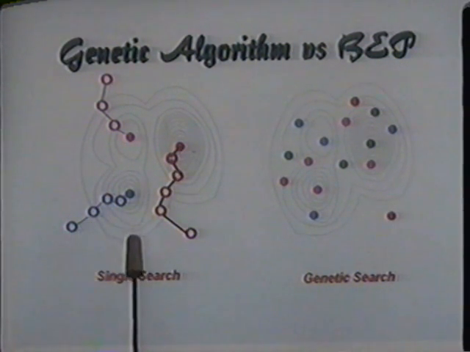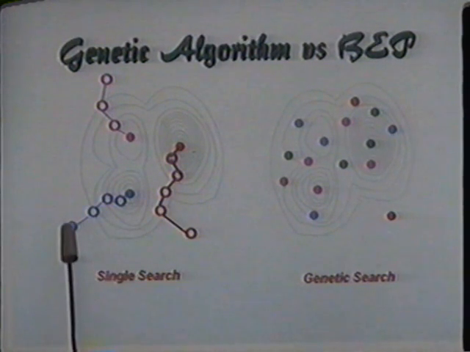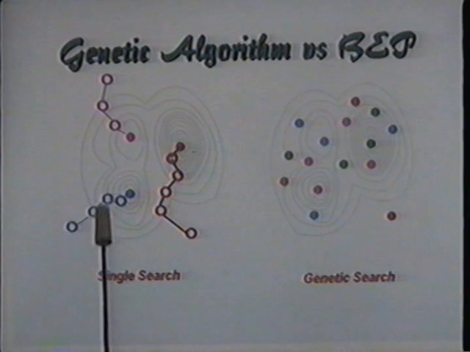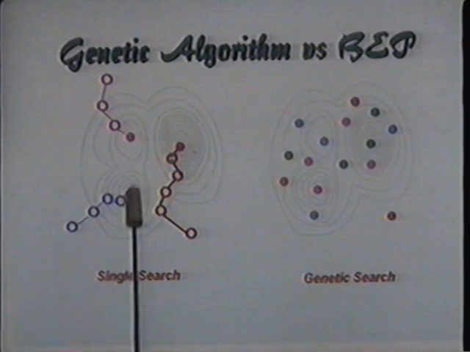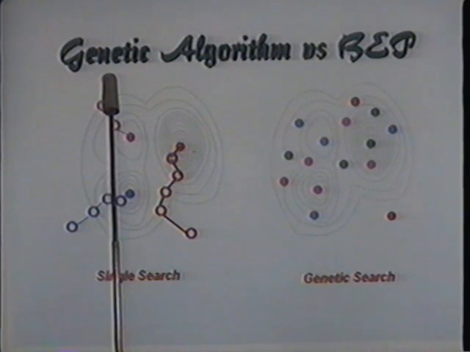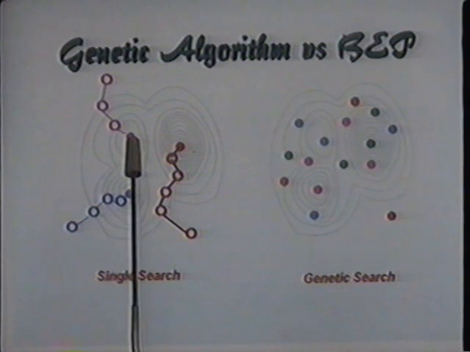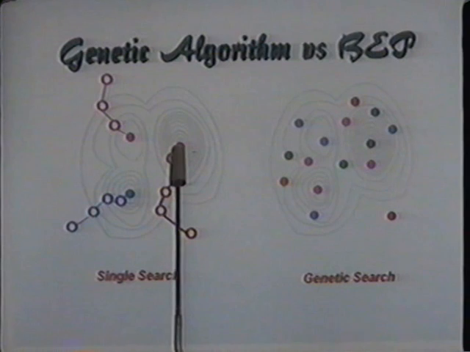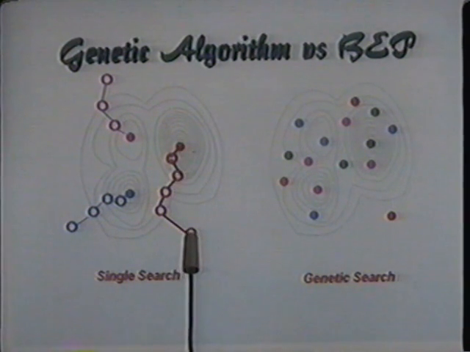Now, assume that when you start training, your initial condition was here, then you are very likely to converge to this minima. If your initial condition is here, you are very likely to converge to this minima. And if your initial condition is here, you're likely to converge to this minima. So the convergence will probably depend on your initial condition.